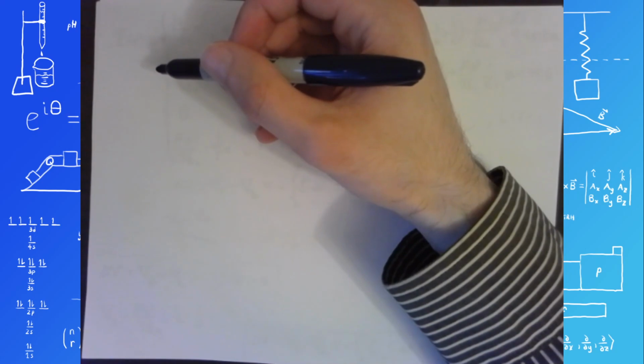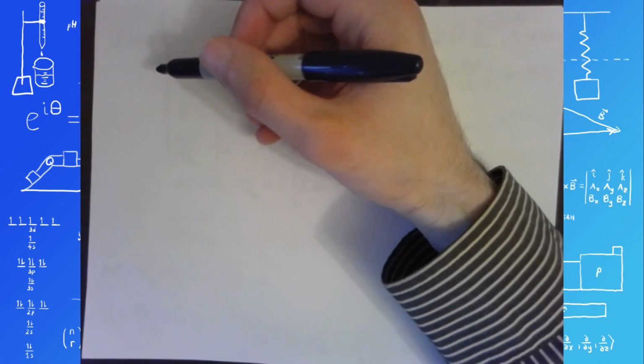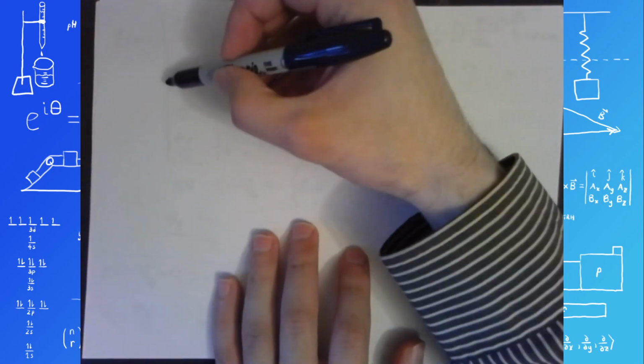Let's see. So I want to draw, I think I should draw the outer cylinder first this time.